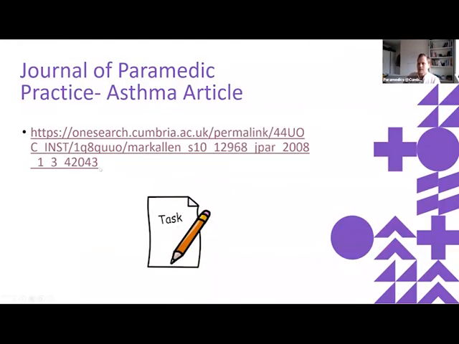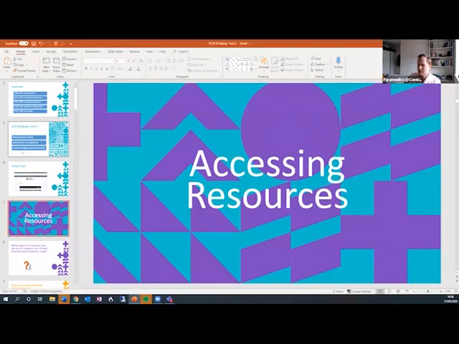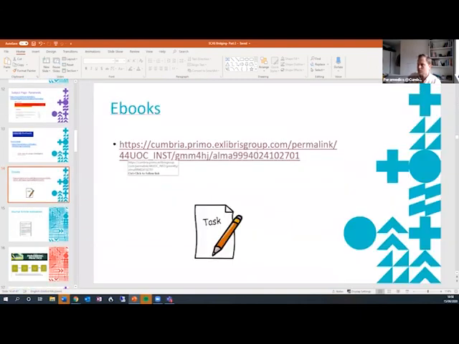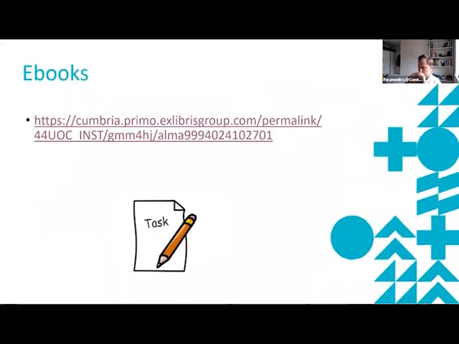So here is a permalink to a journal article on asthma. So I will include this inside the chat box. And hopefully people can click on it and have a look at what an article looks like. So you should be able to click on that link, hopefully.